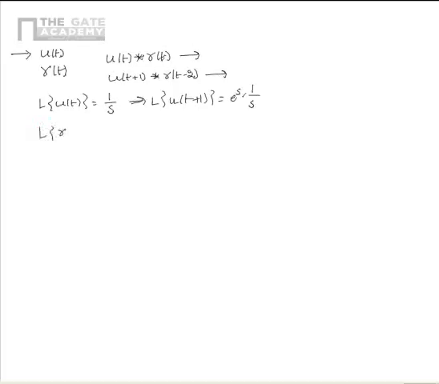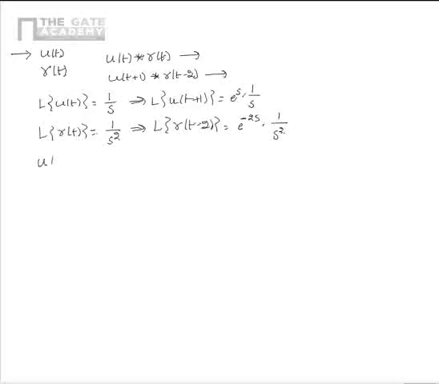Similarly, Laplace transform of r of t is equal to 1 by s square. From this, we can write that Laplace transform of r of t minus 2 is equal to e power minus 2s into 1 by s square.